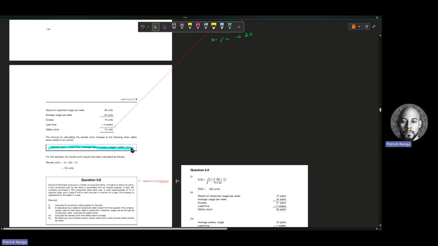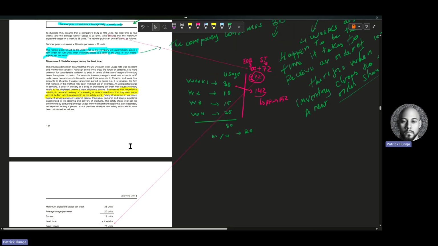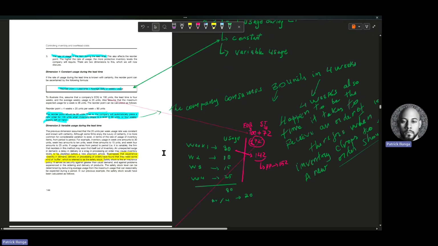All right. So now, if you have a safety stock of 72 units, do the math with me. You have 100 units for the EOQ. The right quantity that you need is 100, but you need a safety stock of 72 units. 100 plus 72 gives you 172 units.